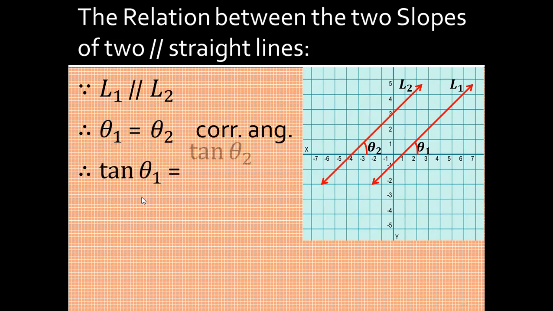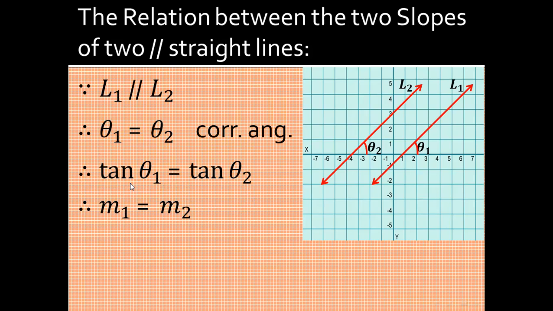We can say that the tangent of the first angle equals the tangent of the second angle, since the first angle equals the second angle. And we know that the tangent of the angle equals the slope of the straight line.